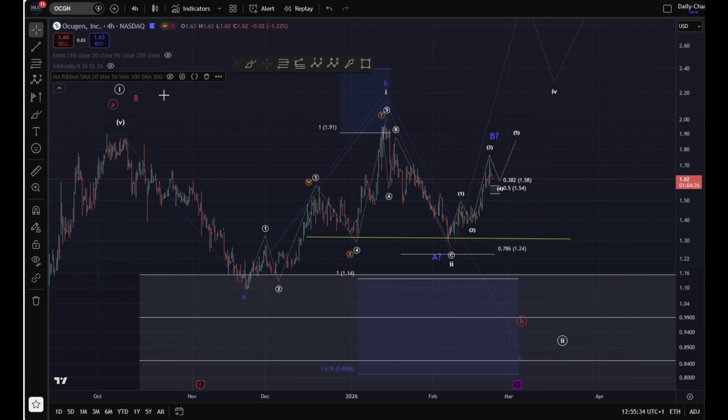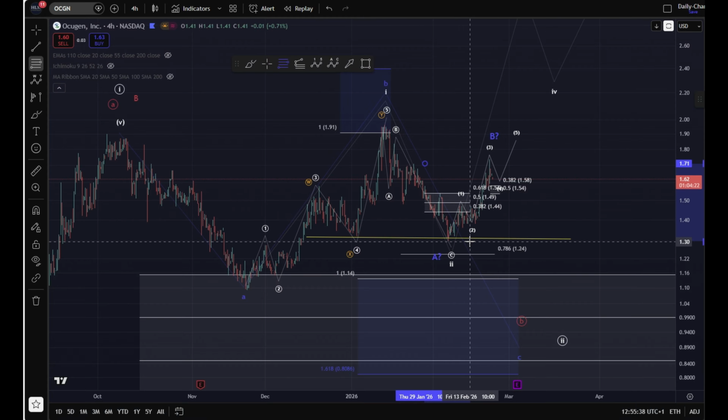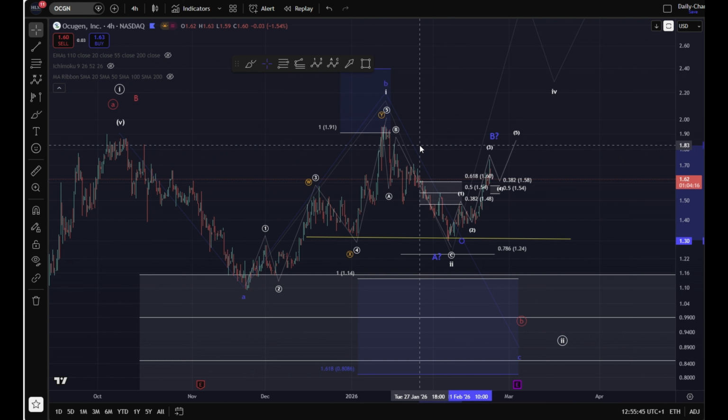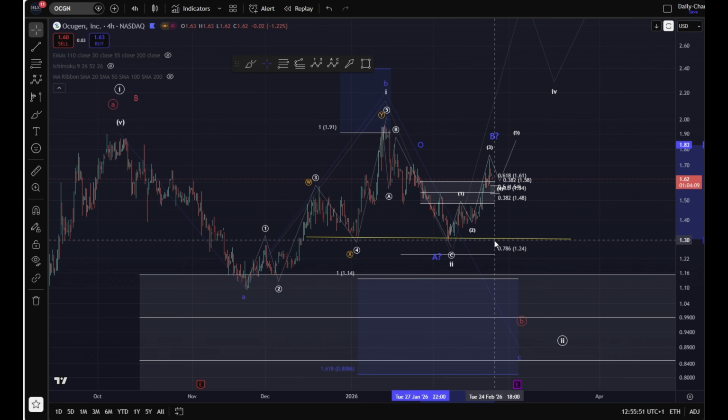Oh wait, let's measure it again. I think it was here. No, a little bit higher. Yes, there. The idea was, as you can see here, okay, I will make it yellow.